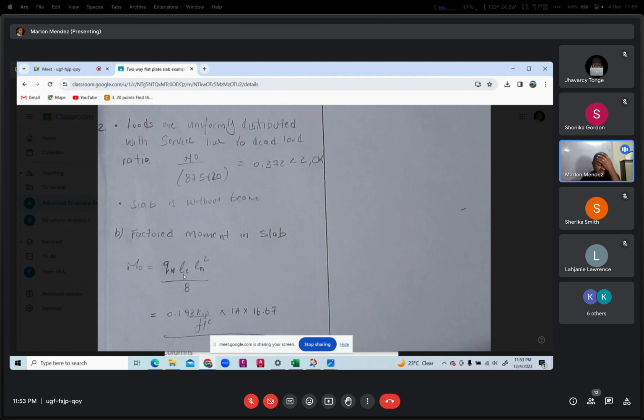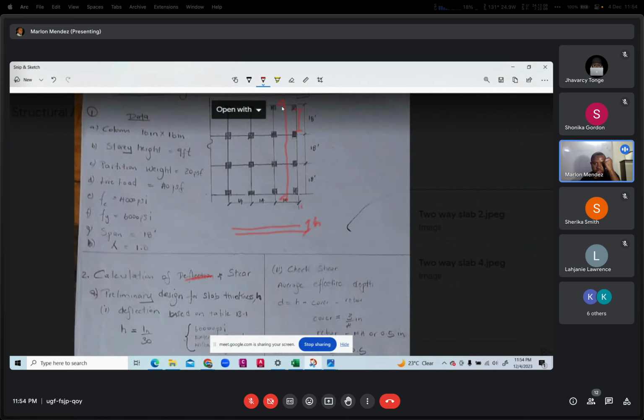So you'd have to find that for the interior slabs. You did the edge, but there's the interior as well. You can safely say if the dimensions are the same, then it's going to replicate itself.